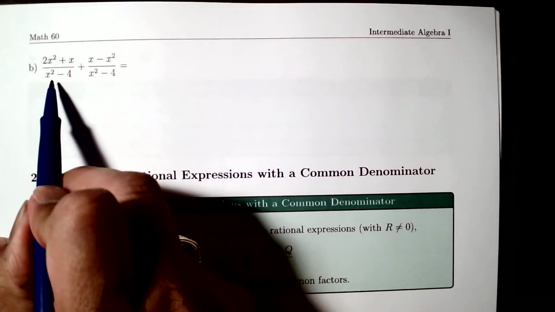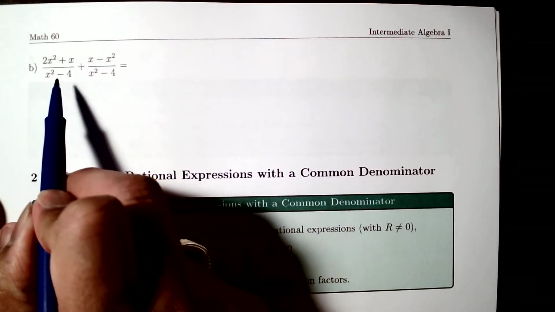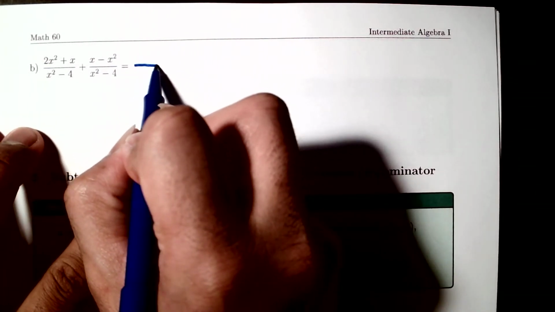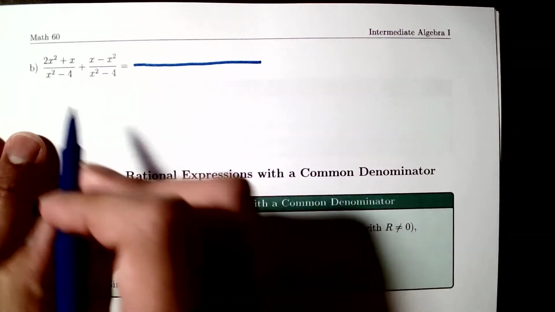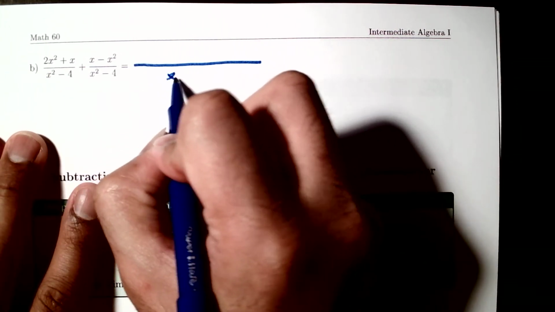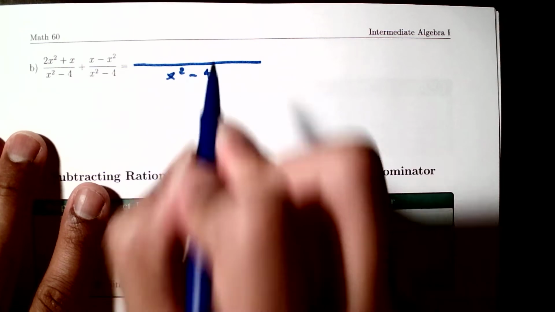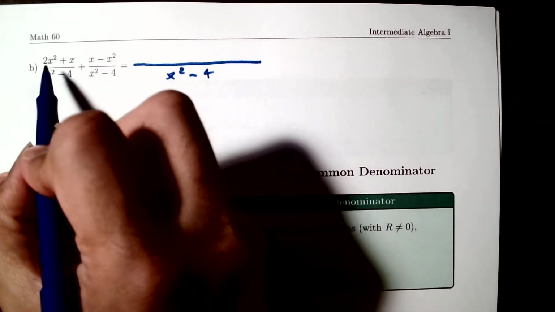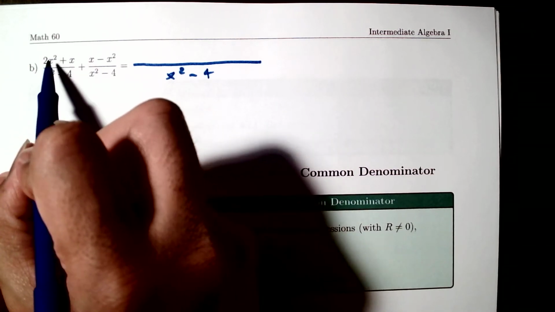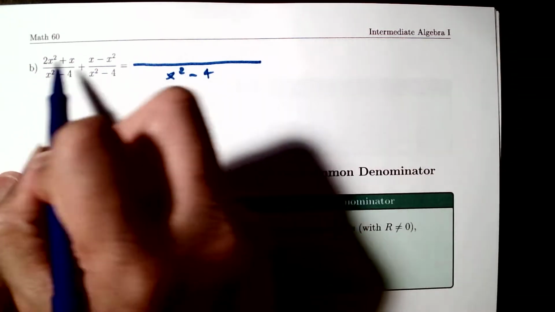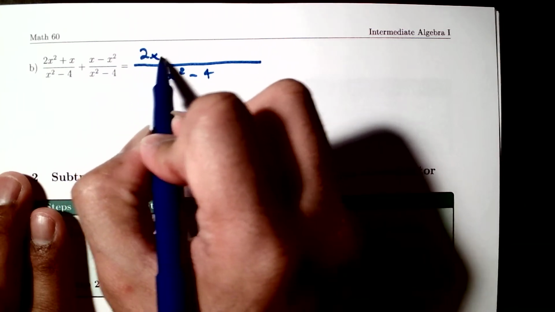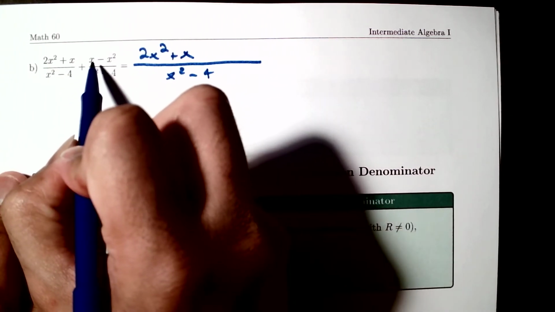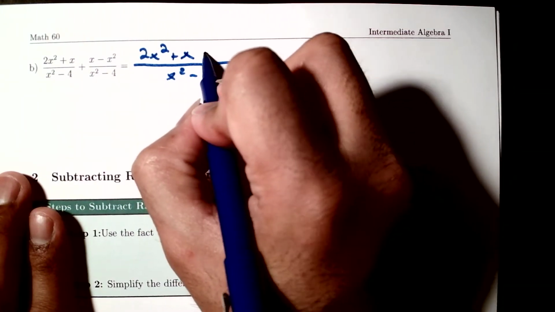Letter B. Notice both rational expressions here have the same denominator. So I'm going to draw a huge line with the common denominator, which is x squared minus 4. And all I'm going to do is combine these two. I'm going to write 2x squared plus x, and then plus the quantity x minus x squared.